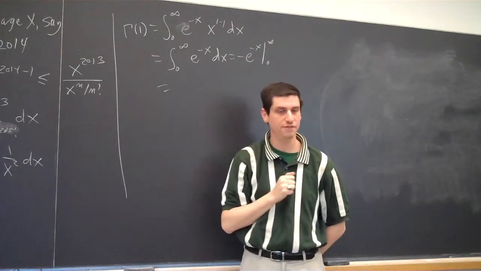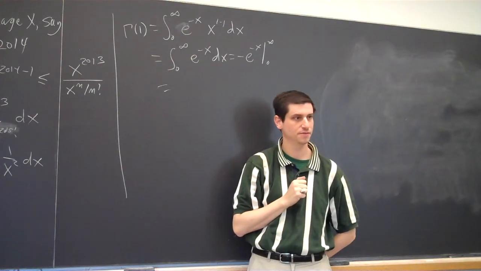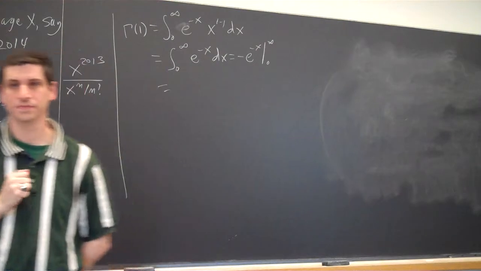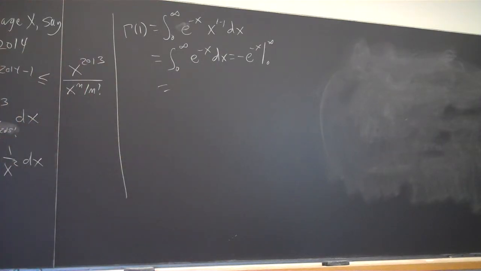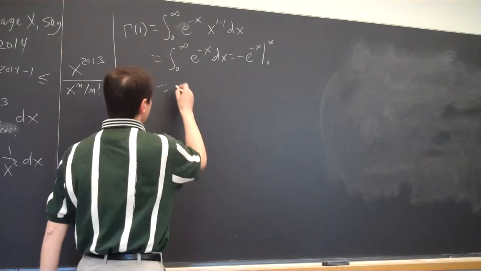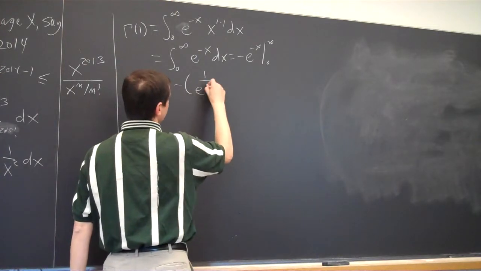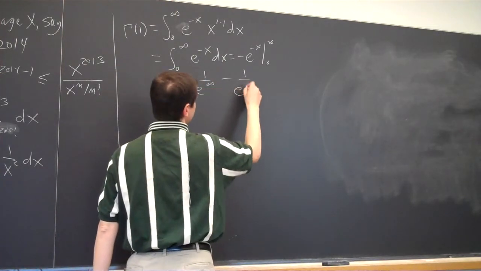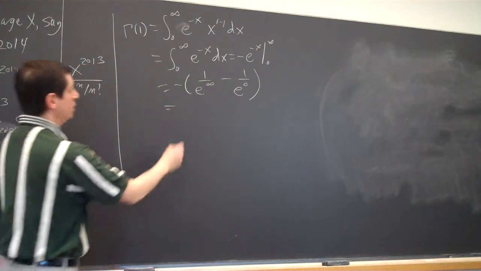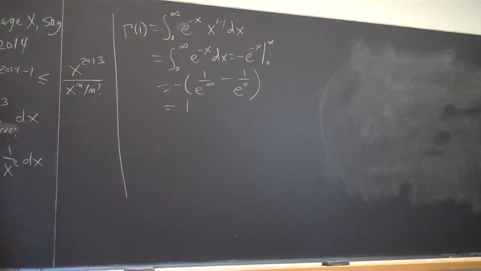What is e to the negative infinity? 0. e to the negative infinity is 1 over e to the infinity. So I get negative 1 over e to the infinity minus 1 over e to the 0. What's e to the 0? 1. Alright, so gamma 1 is 1.